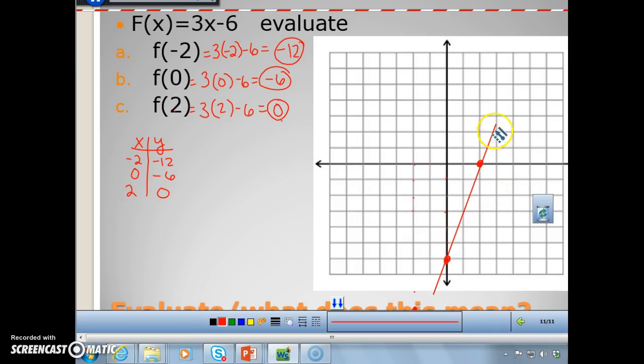So all of those points will satisfy our equation. So we're finding points. That's one way that we can graph, create a t-chart.